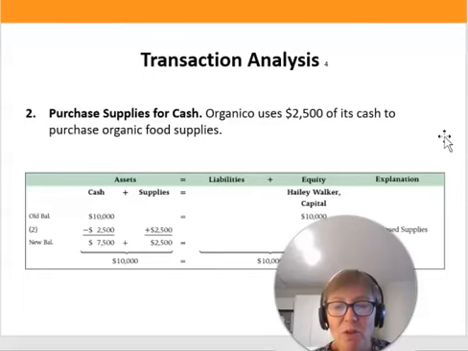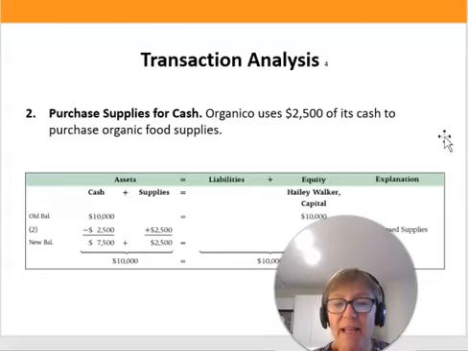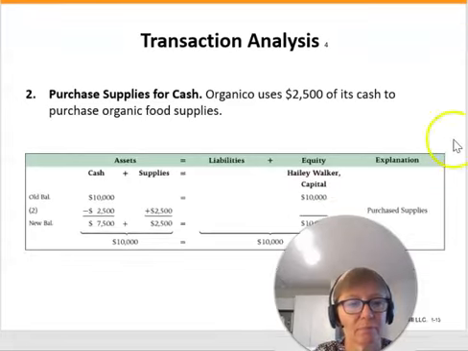Now that we have those two assets, they still add up to $10,000. Even though it doesn't affect the other side of our balance sheet, we still balance because one asset went up and one asset went down. So in the end, our assets of 10,000 still equal our liabilities plus our equity.